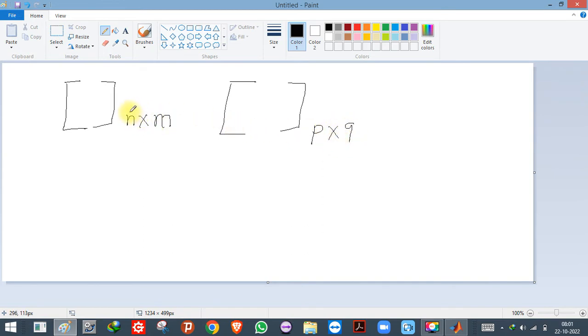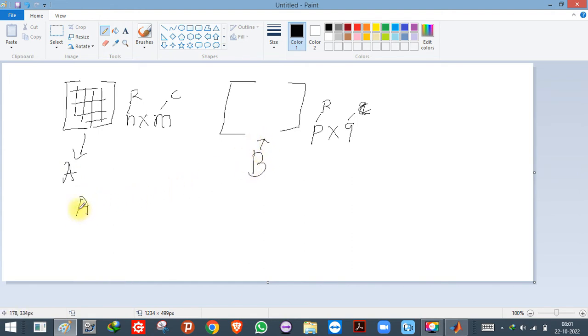Now n represents row, m represents column, p represents row, and q represents column. These are called rows, and vertical elements are called columns. Now let's say this matrix is A and this matrix is B.